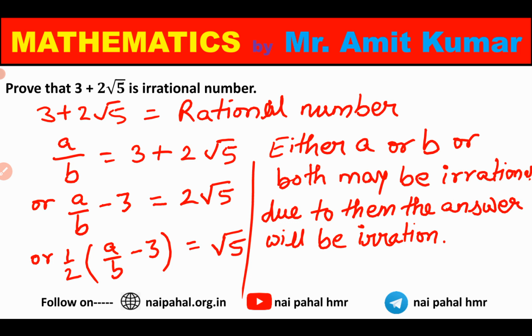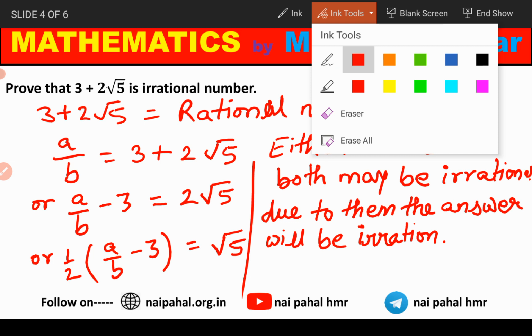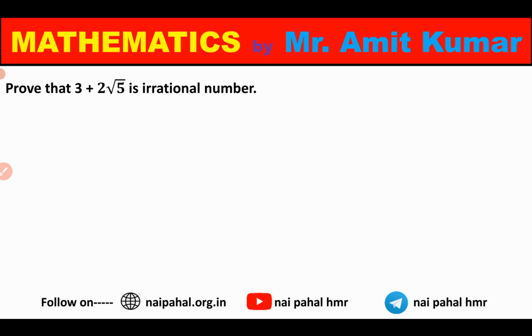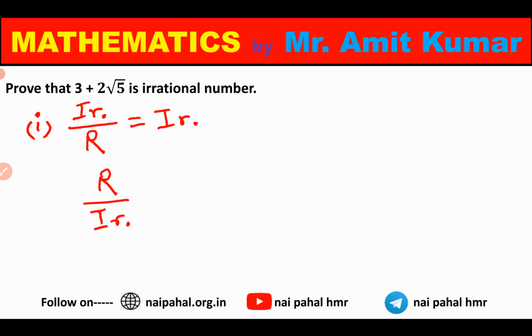Now, what should we have to do in this? I had already told you: if we have an irrational number above and a rational number below, then the answer will be an irrational number. The second fact is, if we have a rational number above and an irrational number below, then the answer will be an irrational number.